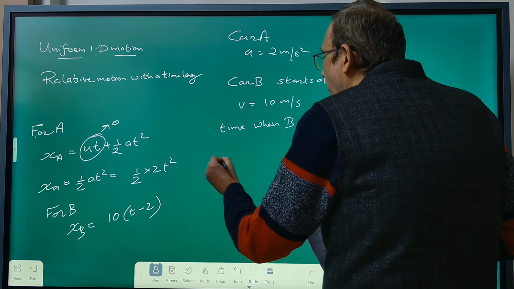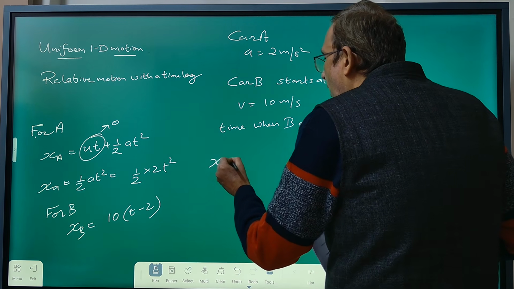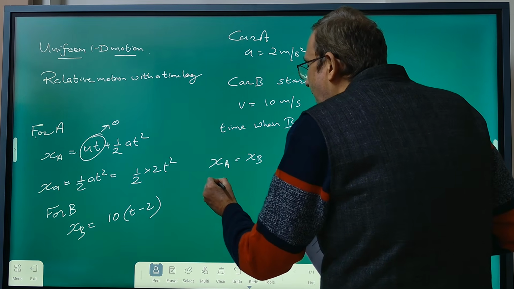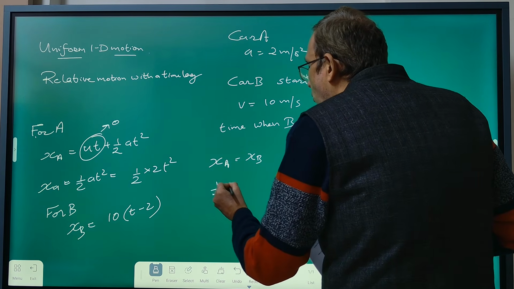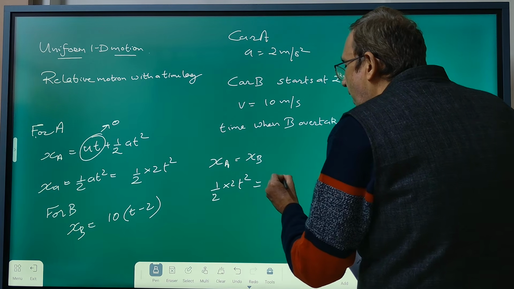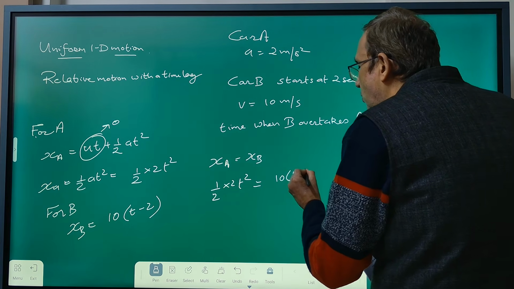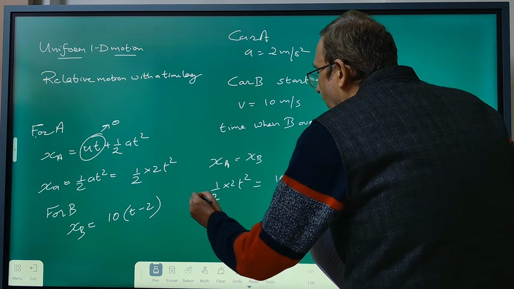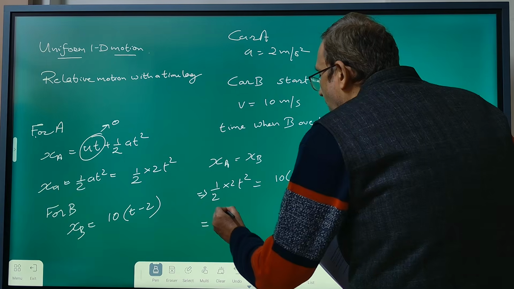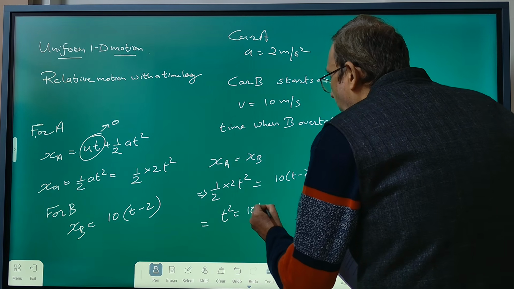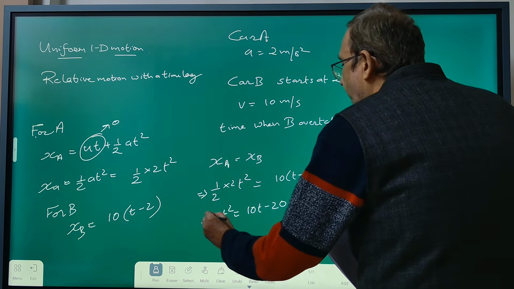When xA becomes equal to xB, half into 2 t square has to be equal to 10 into t minus 2. So then you get t square is equal to 10 t minus 20.